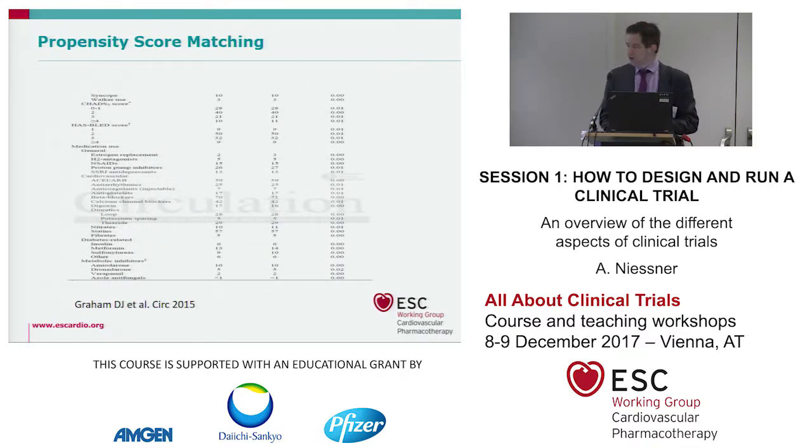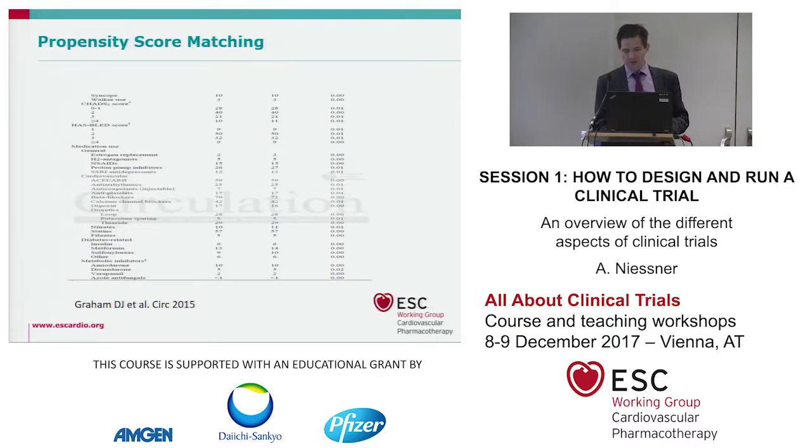And if we continue the same for many more variables, for example, we go to the CHA2DS2-VASc score, it's complete. The CHA2DS2-VASc score is identical in both groups, so there's no difference with regard to the thromboembolic risk. The HAS-BLED score is completely identical in both groups, so there could not be any difference.